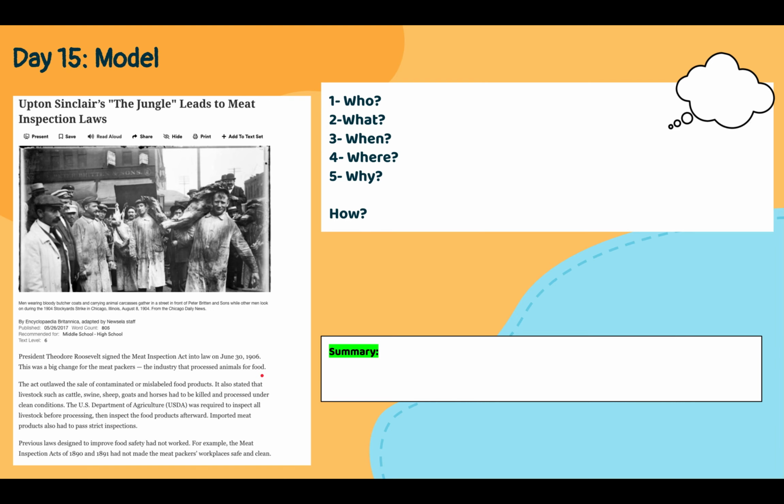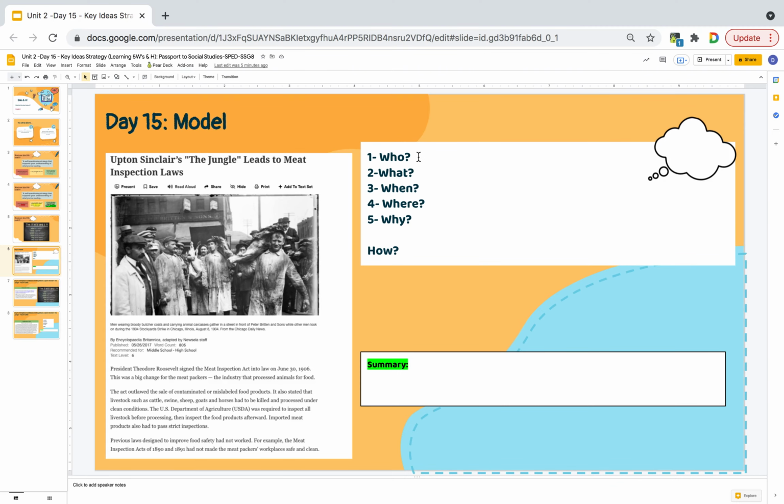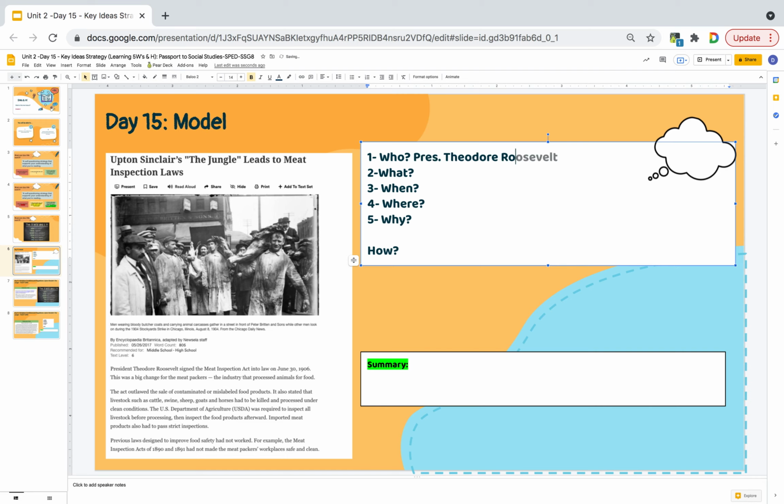So far, what information can I gather from here? Who is this about? So we have President Theodore Roosevelt. We also have the meat packers. So I'm going to start by annotating for those two things. So President Theodore Roosevelt, meat packers. What they're talking about is the Meat Inspection Act and the industry that processes animals for food.